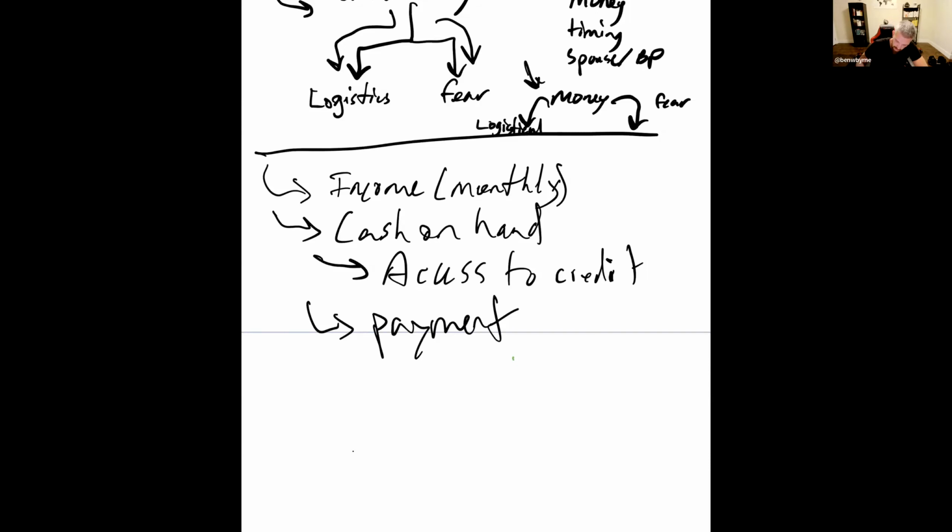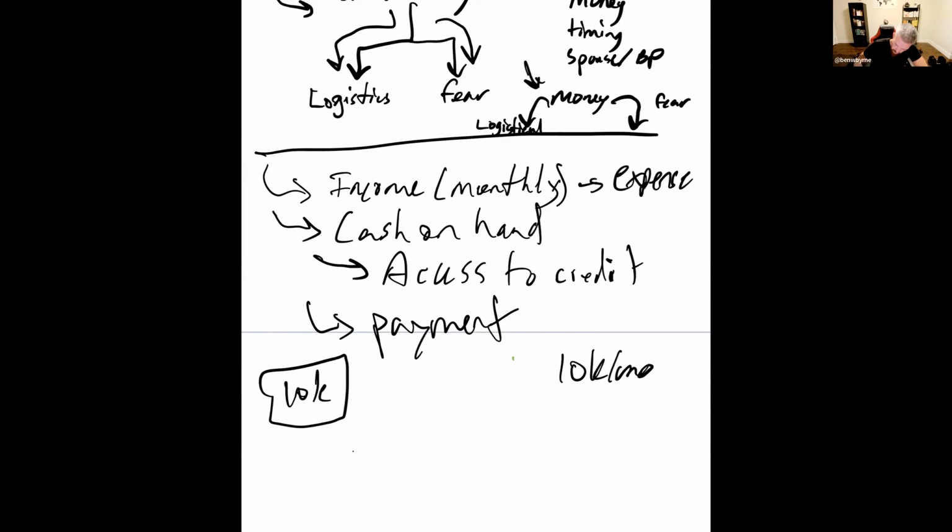And then let's say that my offer is 10K. The prospect has an income of 10K per month. It's good to know their income and also their expenses. So we call that free cash flow.